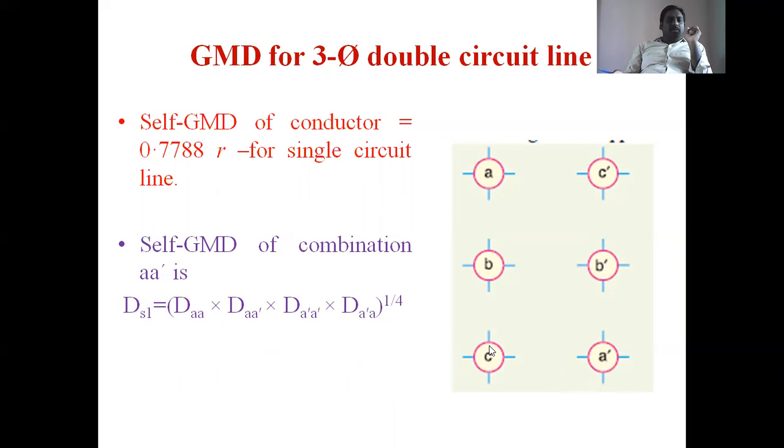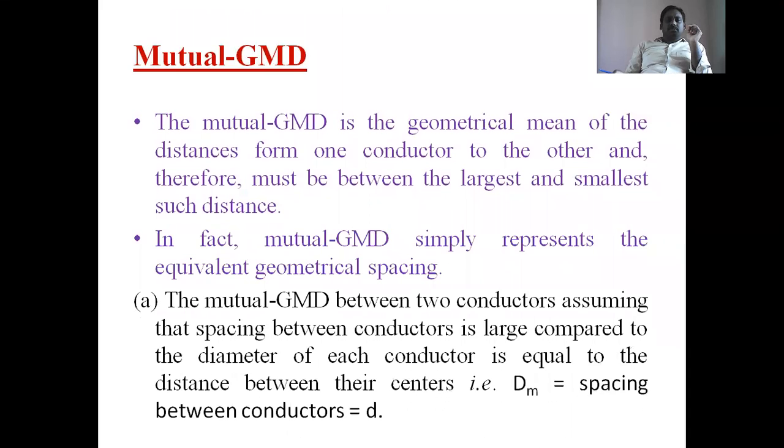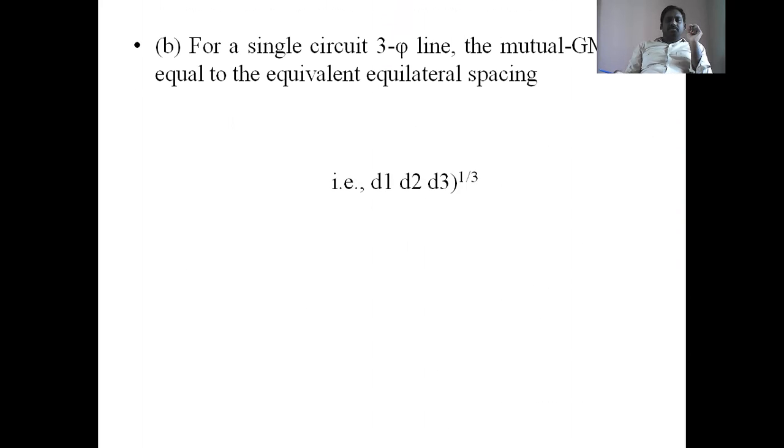That is DAA into DAA dash into DA dash A dash into DA dash A, whole to the power of 1 by 4. We take the power 1 by 4 because there are four terms in the multiplication. That's why we take it in the GMD.